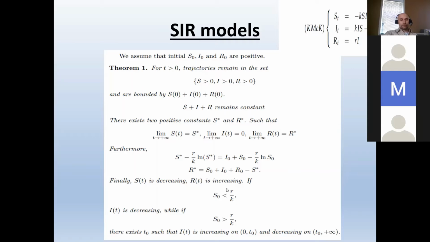All right. Okay, and now if my initial condition S0 is greater than R over K, at the beginning I of t will increase, and at some point it will decrease.